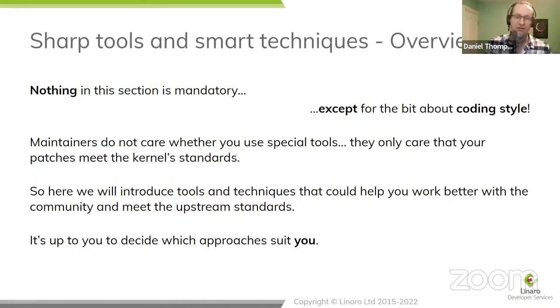They only care that your patches come out meeting the kernel standards. But I think there are a number of tools and techniques that you can deploy to make it more likely that your patches will meet the community standard, to make it easier for you to produce high quality work, and to give you the confidence that you have produced high quality work, which is kind of key to upstreaming.